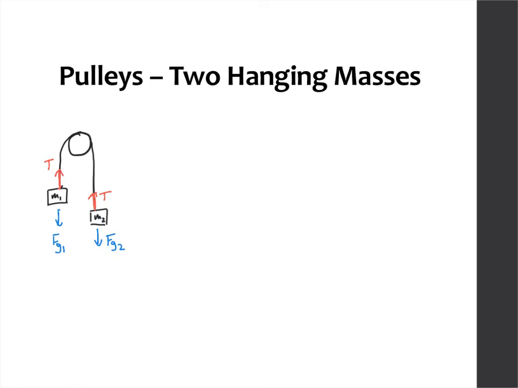Alright? So in this system, your net force will be comprised of both weights and the canceling out of the tension forces. So in our case here, we're going to say that M1 is smaller than M2, so M2 is the bigger one. That means we're going to accelerate down M2 side. So I usually like to start with that as our leading force. That's the one that drives the motion.